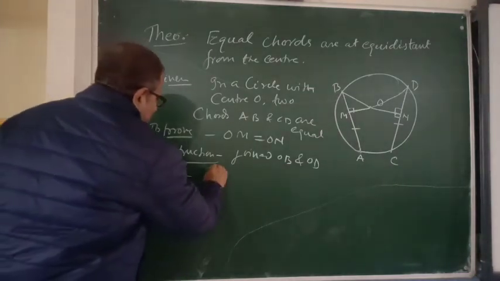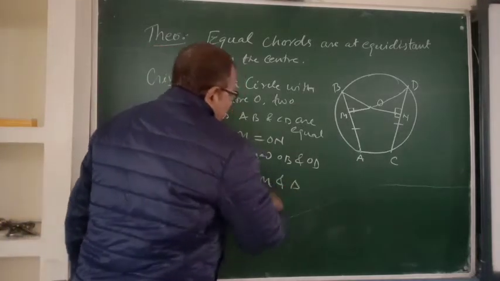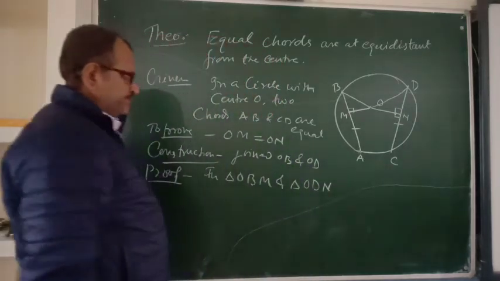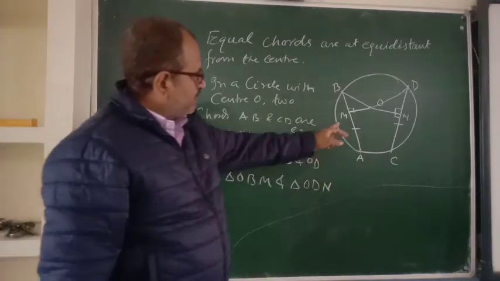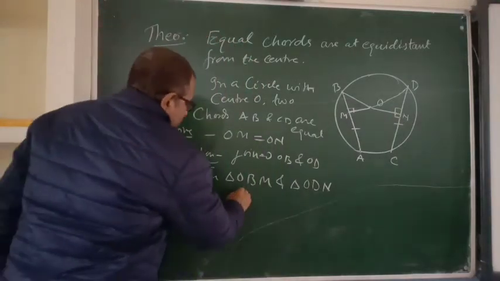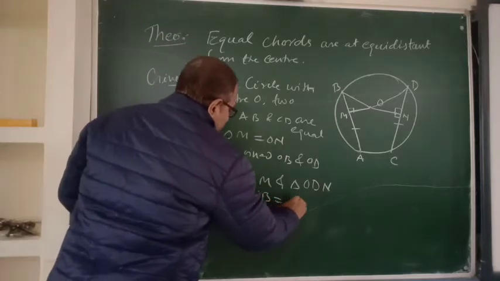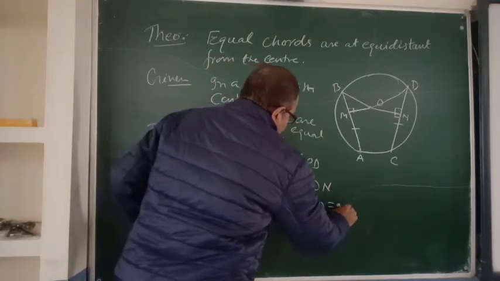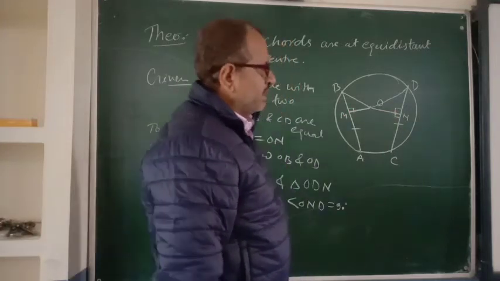In triangle OBM and triangle ODN, one angle is 90 degrees in both triangles. Angle M and angle N both are 90 degrees. So angle OMB is equal to angle OND is equal to 90 degrees.